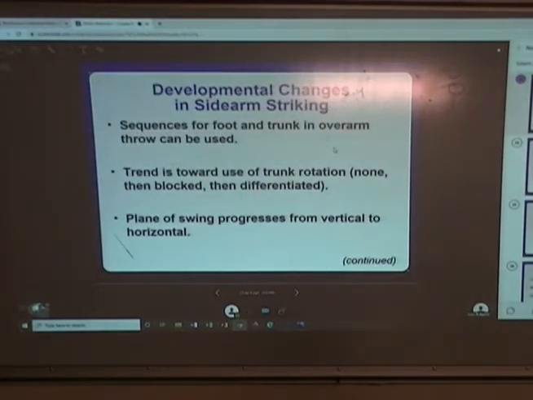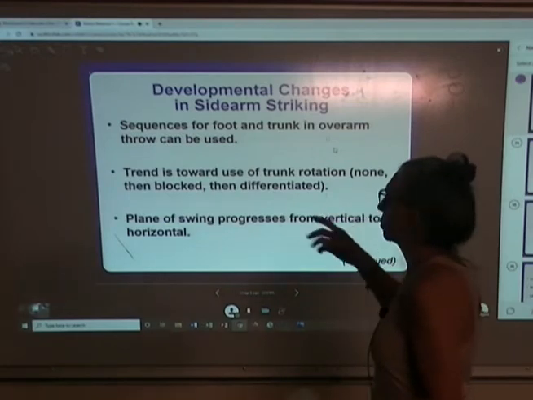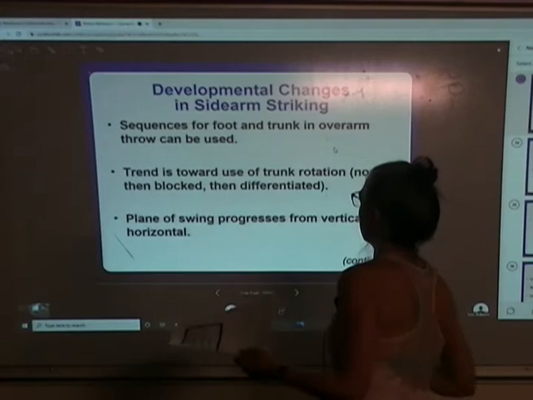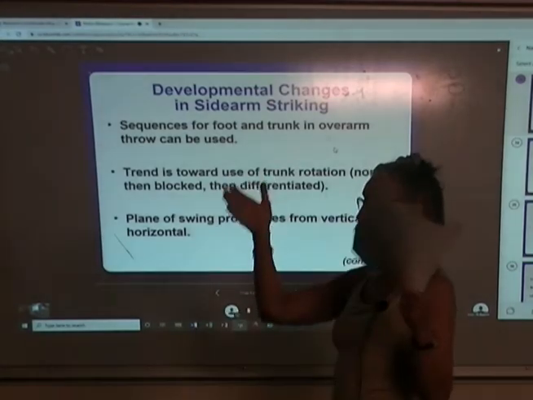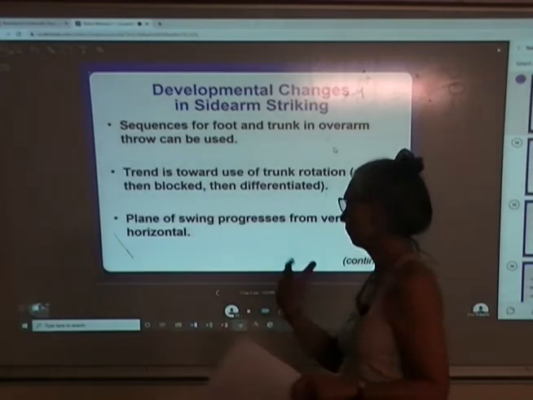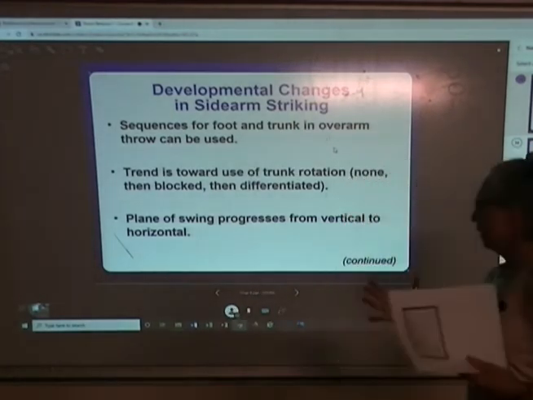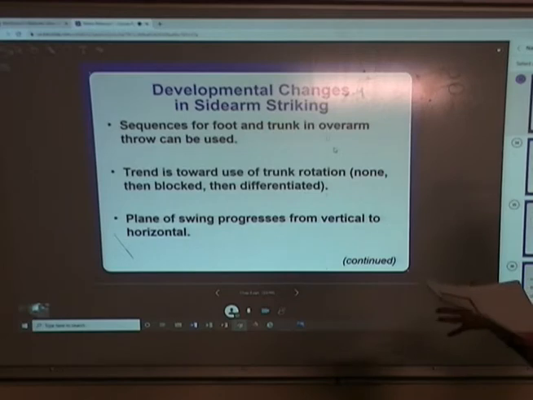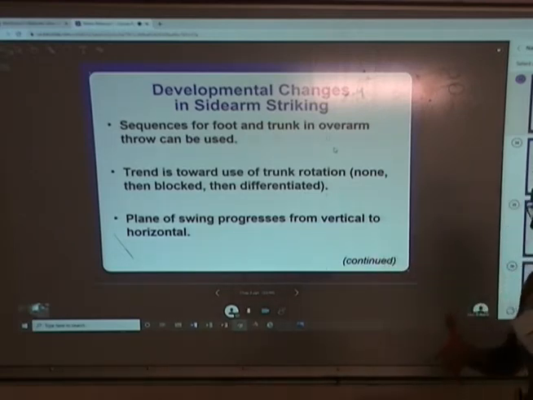So, having said all that, when we're looking at early striking, we can use the sequences for the foot action and the trunk action from our overarm throw developmental sequences and observation plan. All right? And so when we're looking at the trunk move, we're going to have no trunk rotation. We're going to have that blocked rotation idea where the whole body goes in one piece.